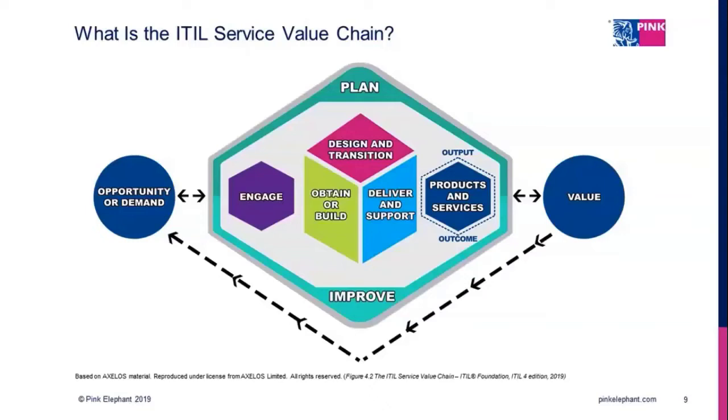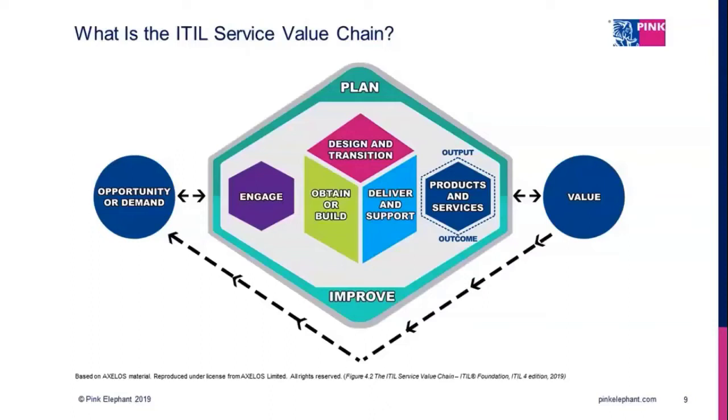And the arrow you see coming out of value at the bottom that goes up to opportunity or demand is, again, feedback, but also it's a sign that we may be increasing our demand, especially when we do good work out there, and businesses want to take more advantage of the services that we do have to offer.